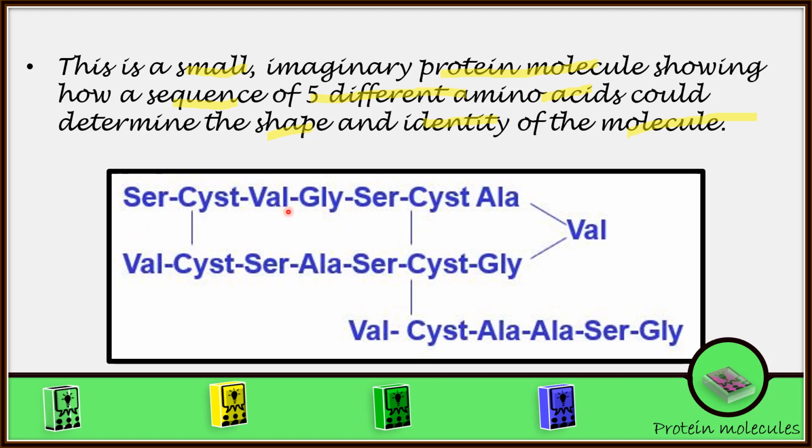They join themselves together and form a particular shape. The way they join together forms the shape and the identity of a particular protein molecule, just by joining 5 different amino acids together.